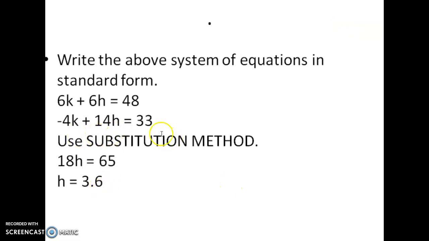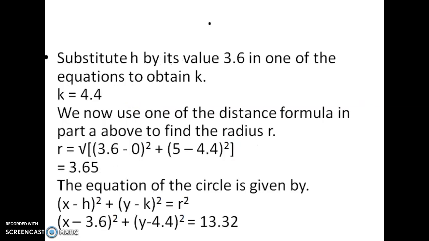I've used the substitution method here, reducing 6k plus 6h equals 48 to h plus k is equal to 8. Now that we have h, by substitution we can find k, which is 4.4.